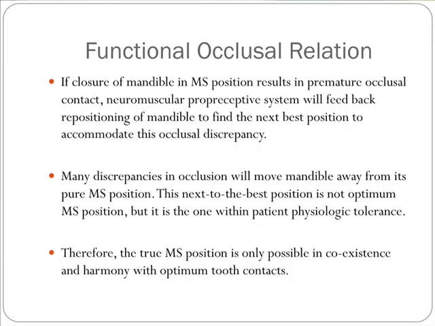Many discrepancies in occlusion will move the mandible away from its pure musculoskeletal position and the orthopedically stable position. Therefore, the musculoskeletal stable position is only possible in coexistence and in harmony with optimum tooth contacts.